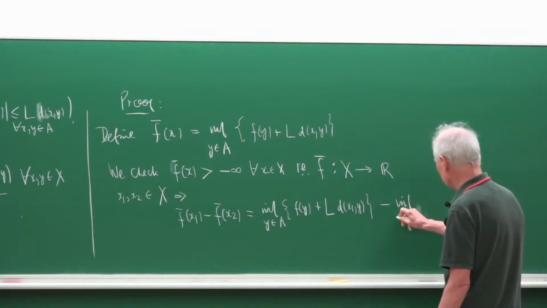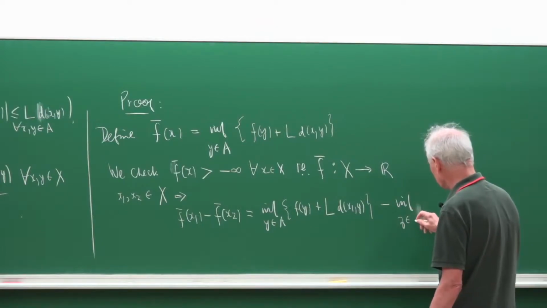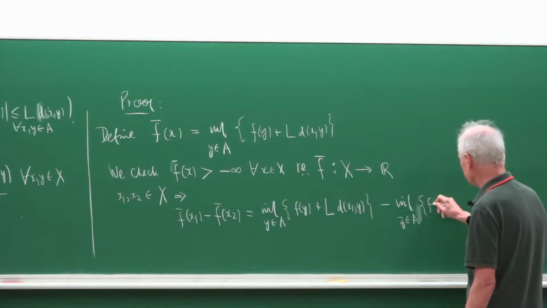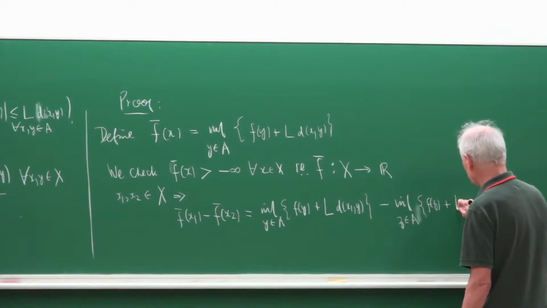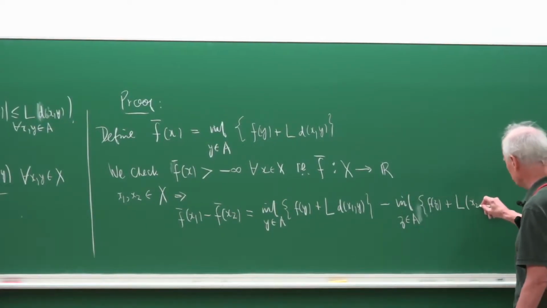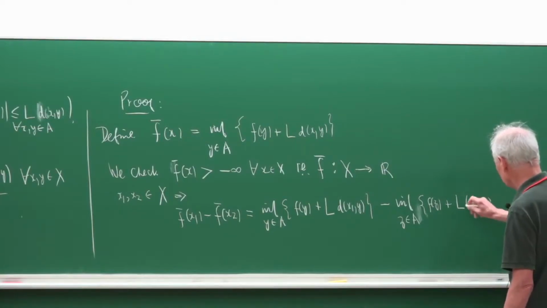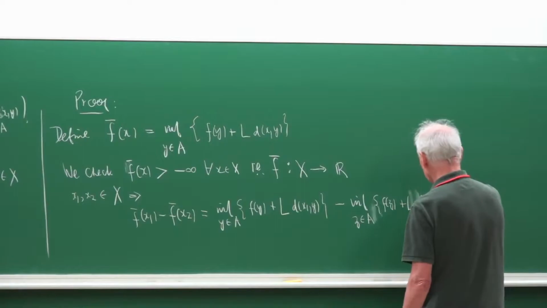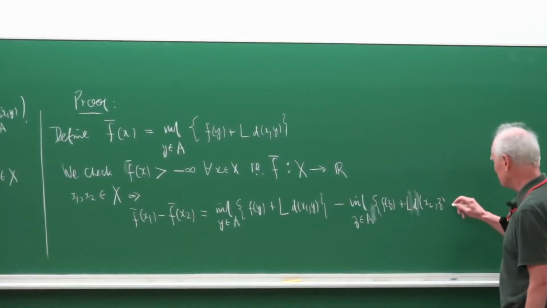It's convenient to use a different letter here, so let's call it z. Z in A of fz plus L times d(x2, z), the distance from x2 to z.